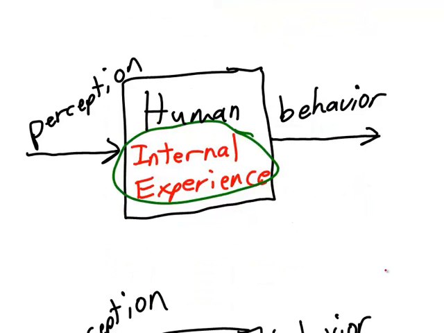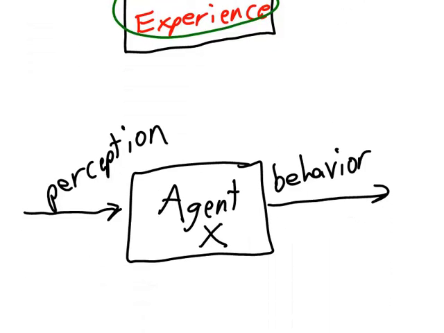Remember what we said earlier about how humans convert a perception into behavior, but they also have an internal experience. If we can create a model, ignoring the internal experience, of how the human converts a perception into behavior, we can then use that model for our agent to define how it should convert perception to behavior.